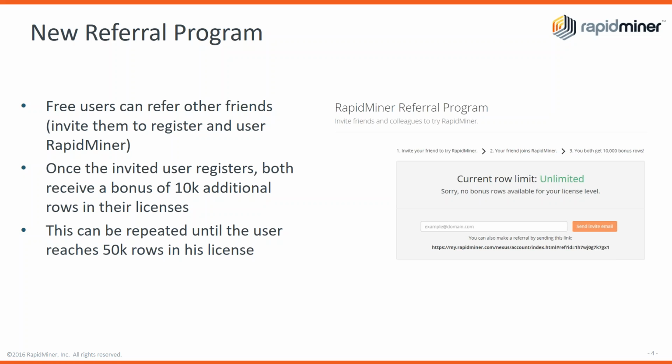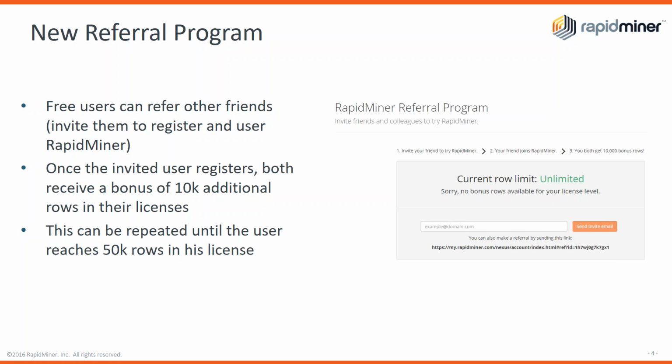What happens now is that if you have a friend or a colleague that you think would find RapidMiner useful, then you can refer him, and once he registers, both you and your colleague receive a bonus of 10,000 additional rows in your licenses.